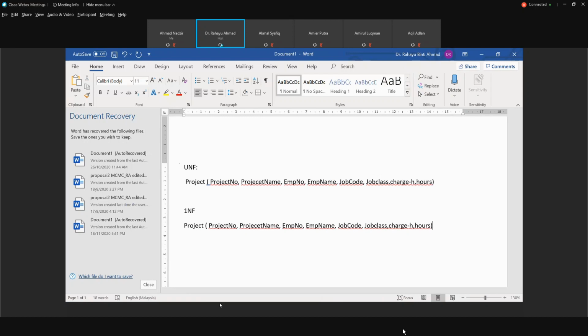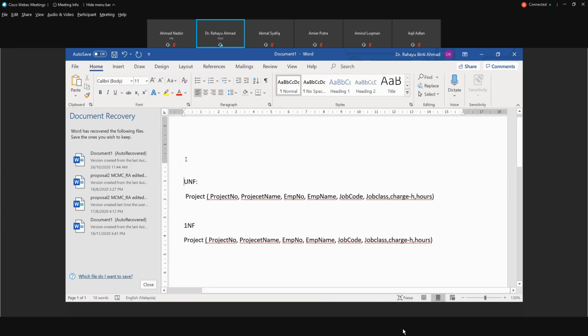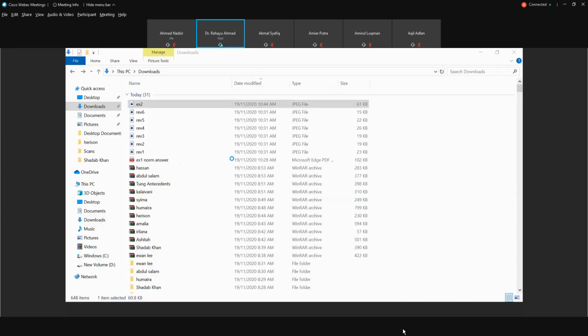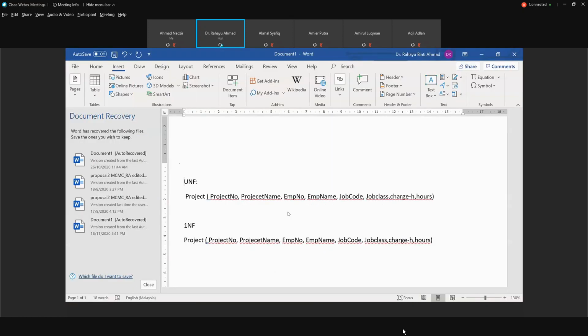So you tahu kalau you tengok gambar tadi. If you see the picture just now, you know that one project will have many employees. Okay. So you start boleh buat kat sini the inner bracket.